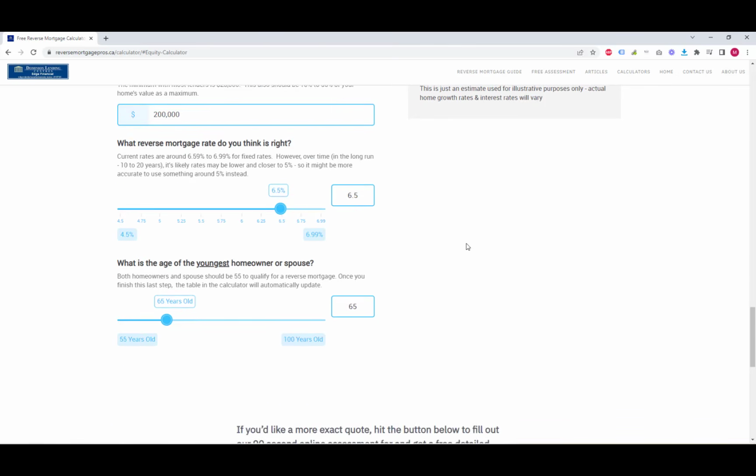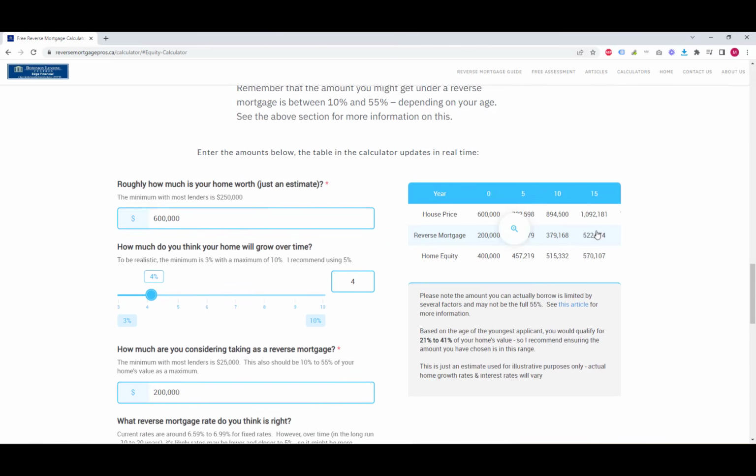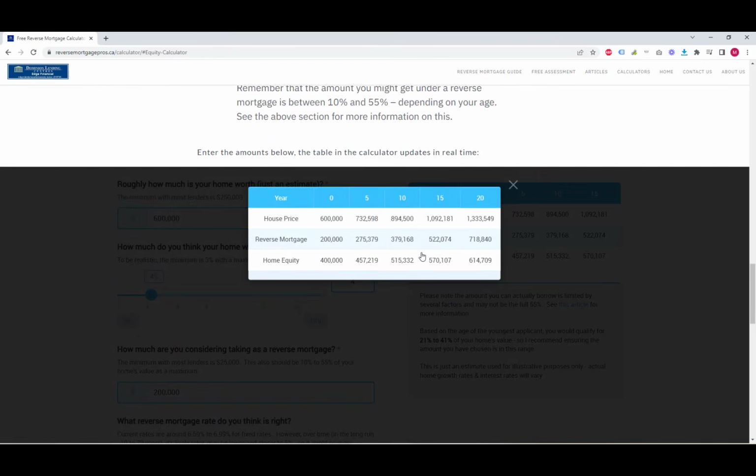Once you put all this information in, this table here automatically updates in real time, and you can click on the little plus arrow and it'll load and show you all your numbers. So here, this homeowner starts with a $600,000 home and a $200,000 reverse mortgage, so they have $400,000 in equity. Over time, their home growth is offsetting their reverse mortgage.